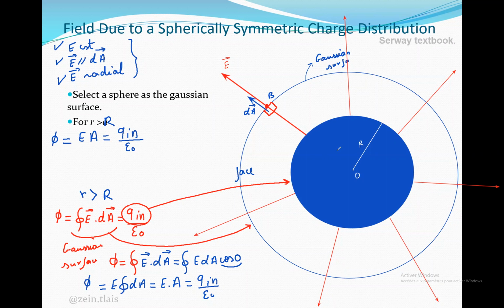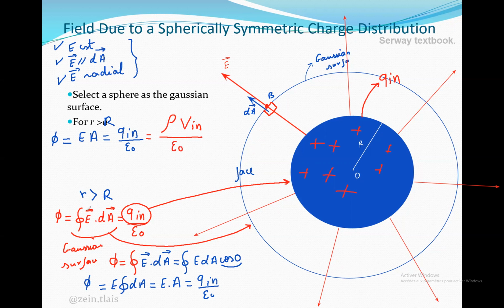Here we have a volume charge distribution, because we said that it's not a metallic object. In this case, we have a charge at any point inside the object. We can say this one is Qn. In this case, we can write Qn equals rho times Vn.